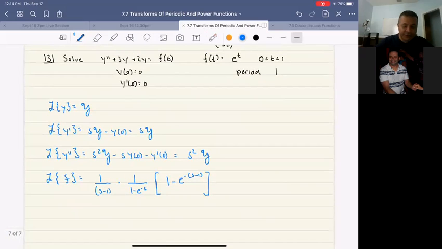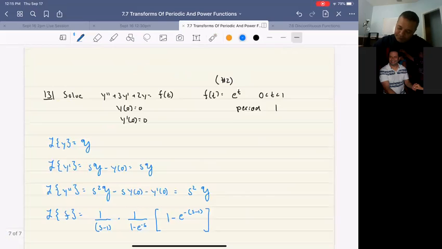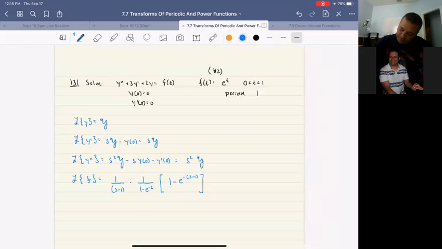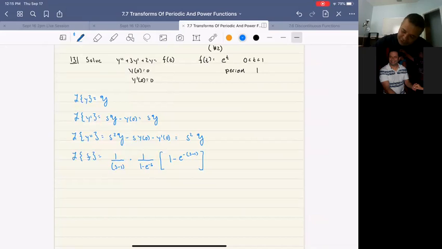Okay, so let's start solving the Laplace transform problem. So our differential equation becomes, let me write it out again.